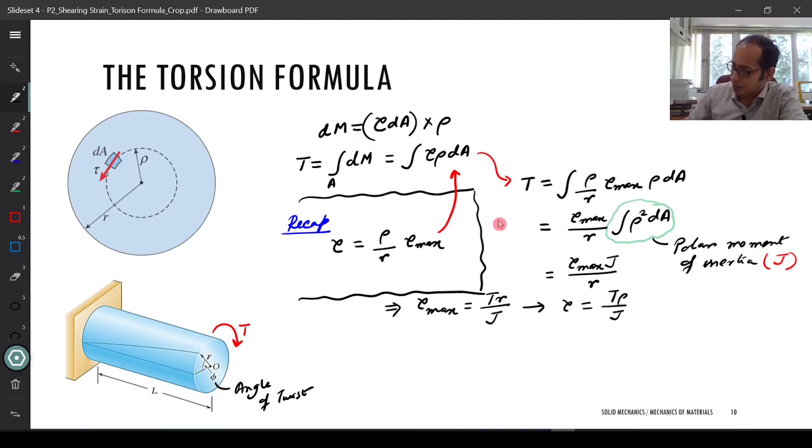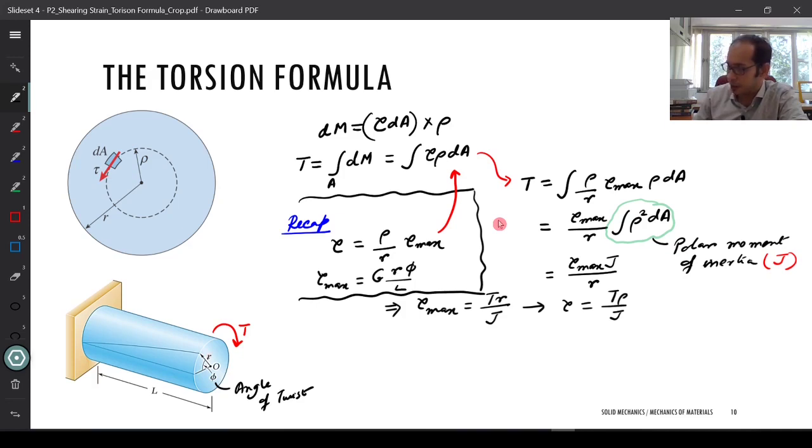So tau max from gamma max. Remember, gamma max was R phi divided by L. So tau max will be G R phi divided by L from the relationship between the stress and the strain.